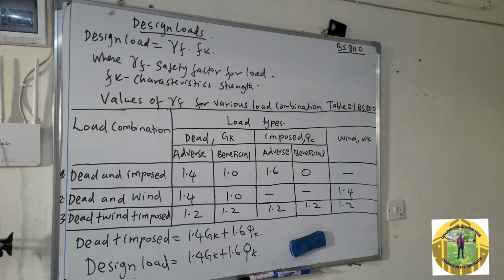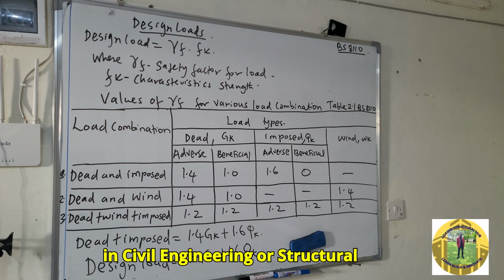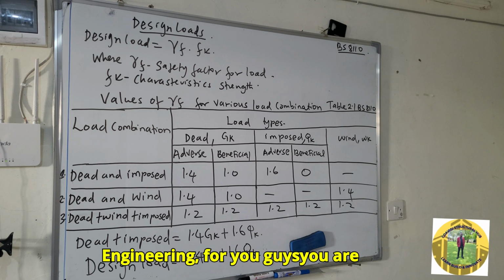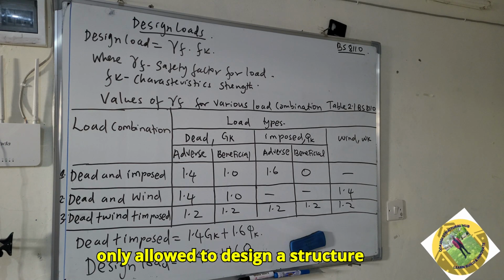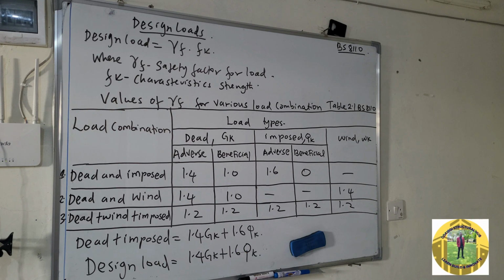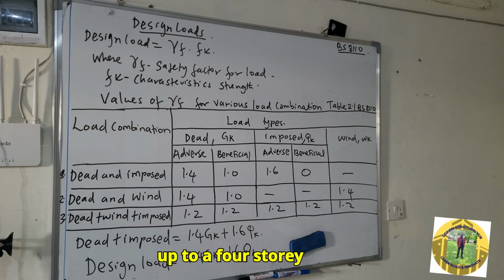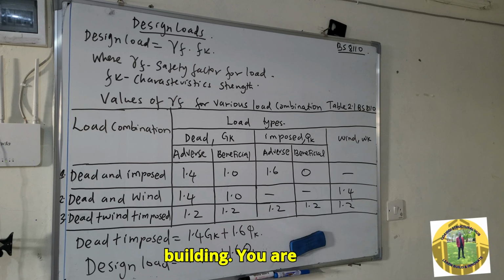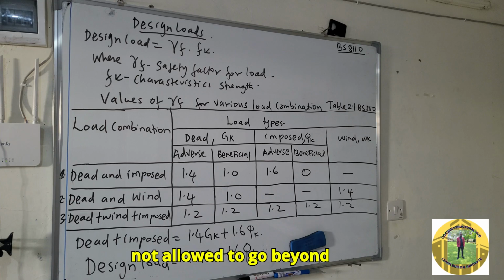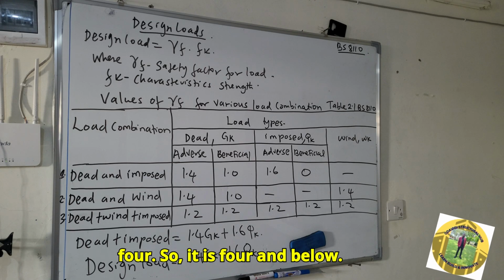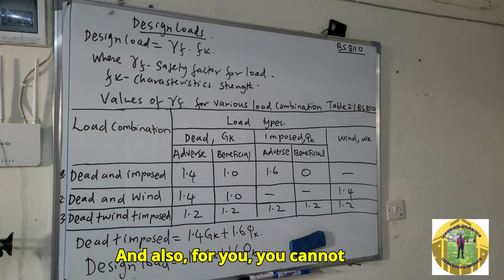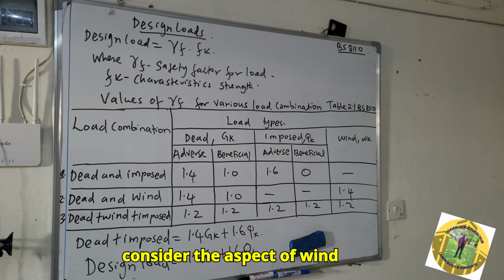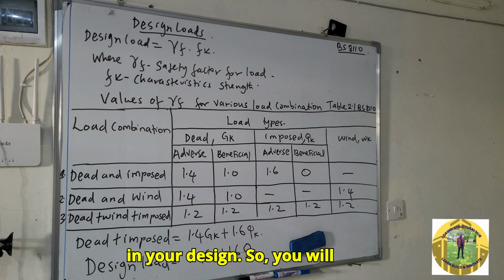The same applies to those who are pursuing higher diploma in civil engineering or structural engineering. For you guys, you are only allowed to design a structure up to a 4-story building. You are not allowed to go beyond 4. So it is 4 and below. And also, you cannot consider the aspect of wind in your design.